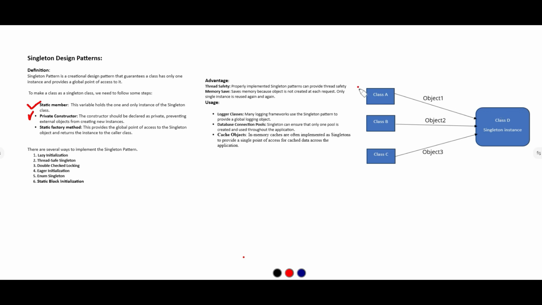So class A, class B, and class C cannot access the constructor of class D. And you know, to create an object or instantiate a class, we need to call the constructor. So if the constructor is private, then no one can access it from outside this class. So class A, class B, and class C will not be able to create an object of class D.